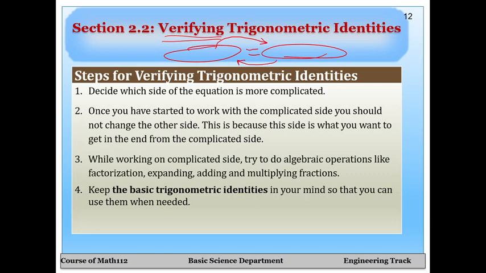First, check which part of the equality is complicated. Start from there, and then use the identities.